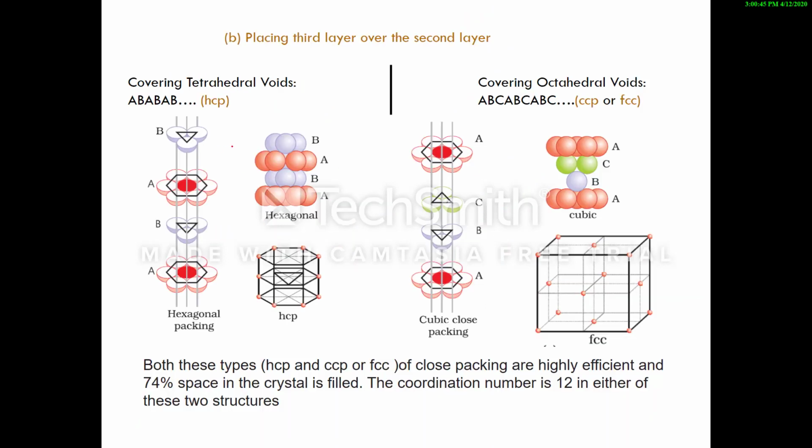Now see, if we place the third layer over the second layer, then we will get two types of structures.